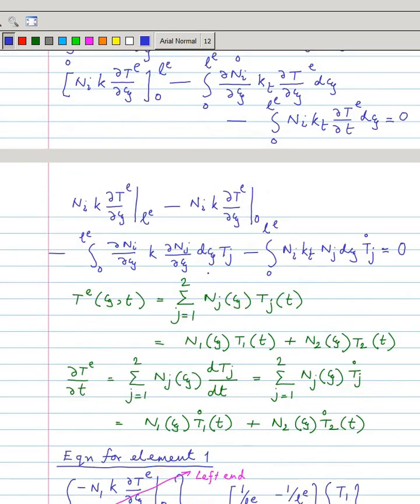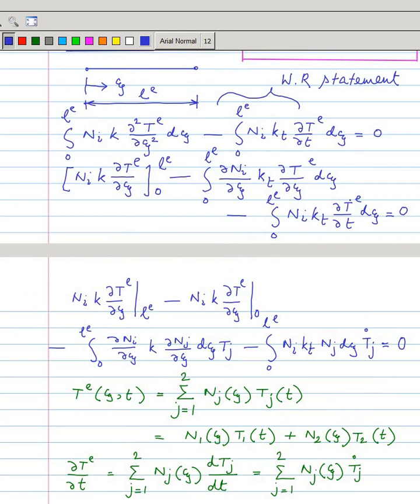Now in case of del T, you assume T is equal to this. This is again partial discretization, that T is broken up into the space function and the time function. So nodal variables are functions of time.